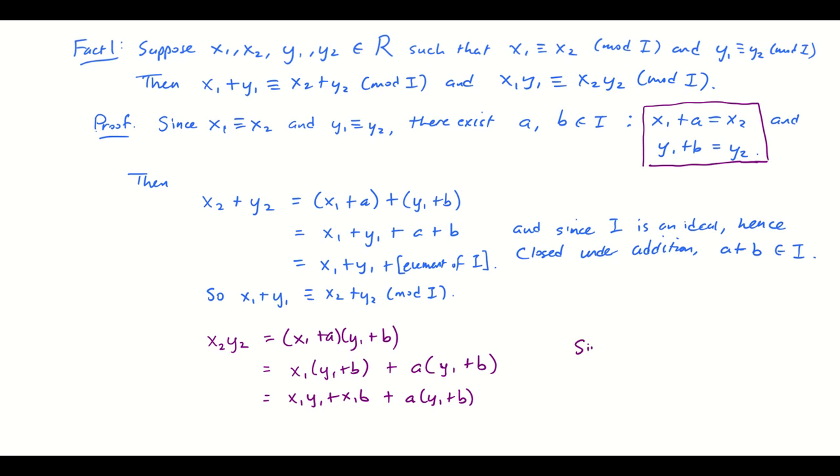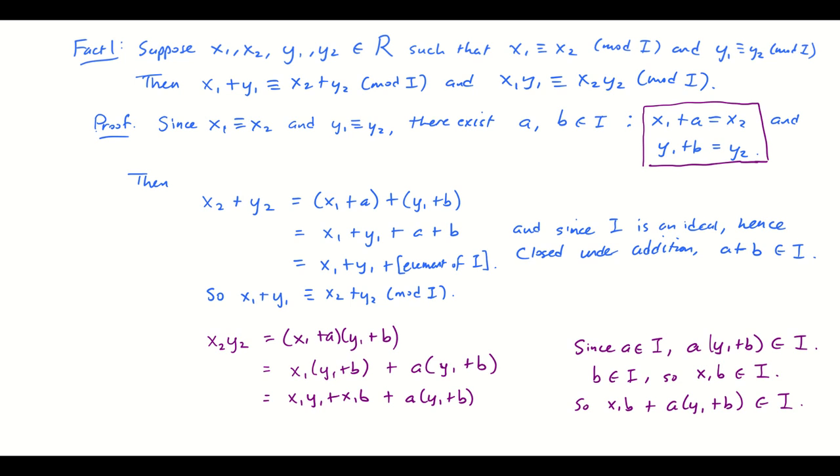So since a belongs to I, I know that this multiple of a, (y1 plus b), also has to belong to I. And I also know that b belongs to I, so x1 b must belong to I. So that's great. So x1 b plus a(y1 plus b) also has to belong to I, because I is closed under addition.